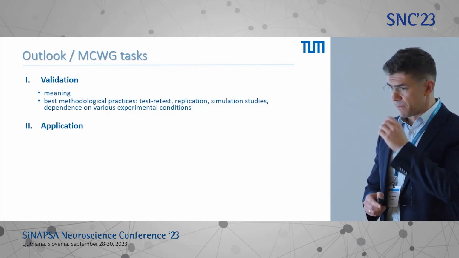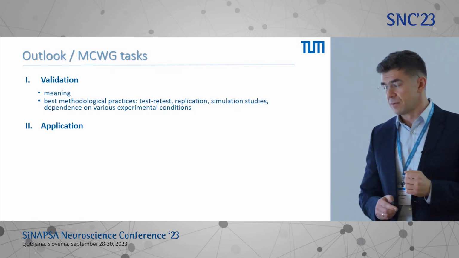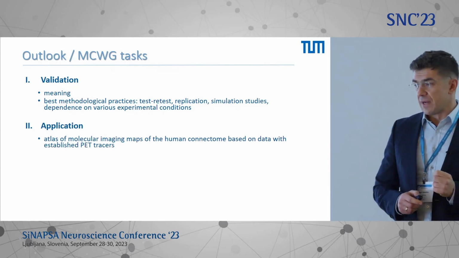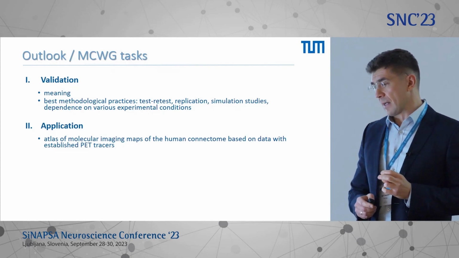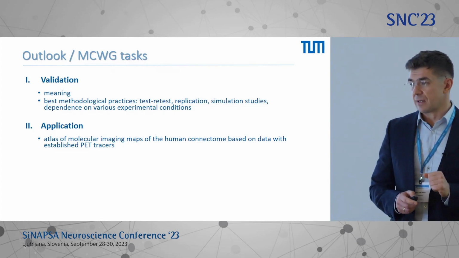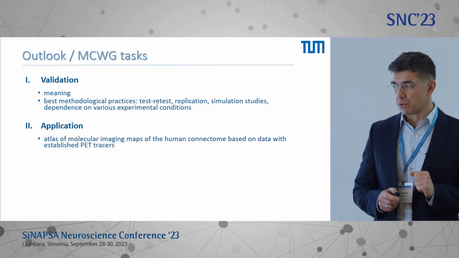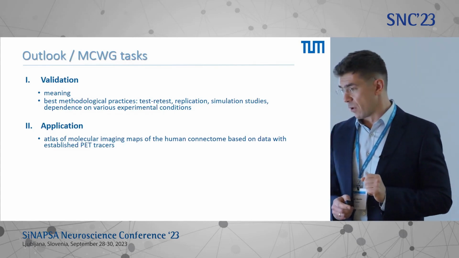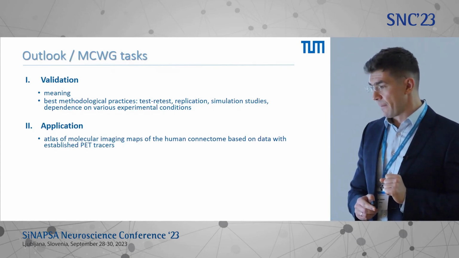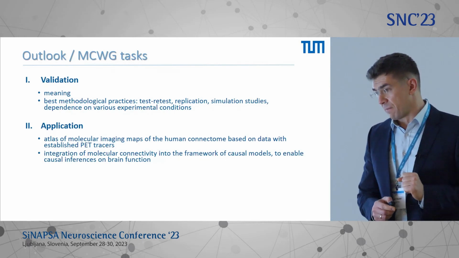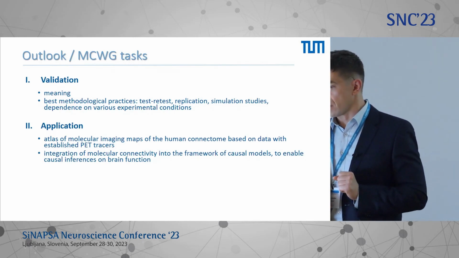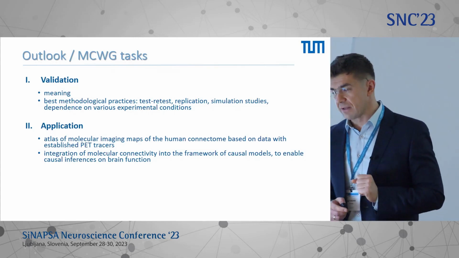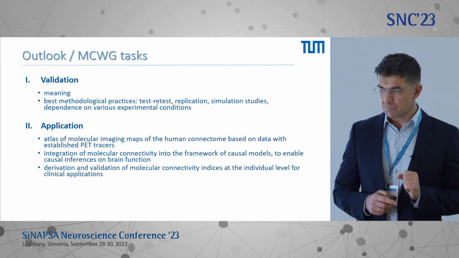So the second aspect is application. We are building an atlas, at least now for FDG-PET data, of molecular imaging maps of the human connectome based on data with established PET tracers. We would like to integrate molecular connectivity into the framework of causal models to enable causal inferences on brain function.